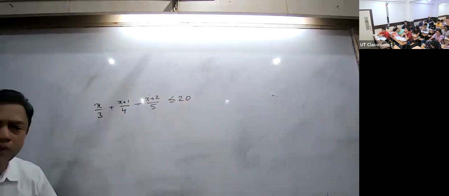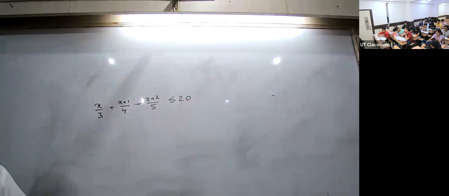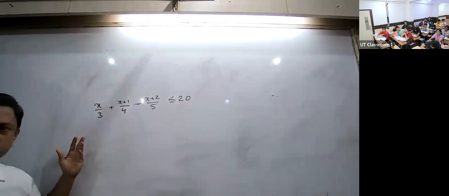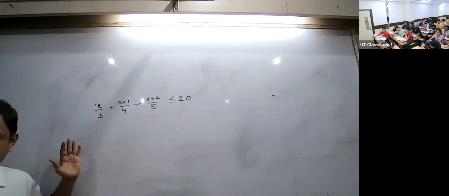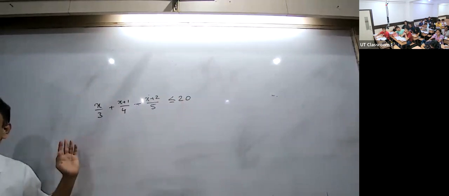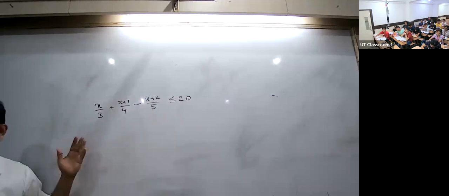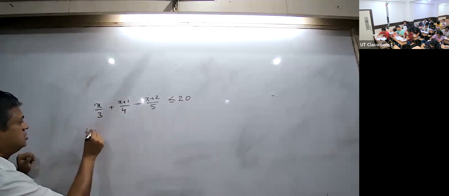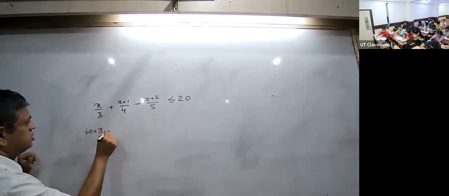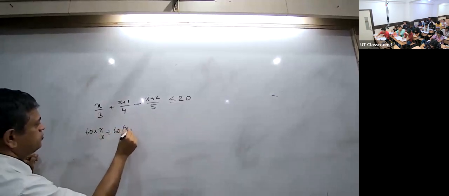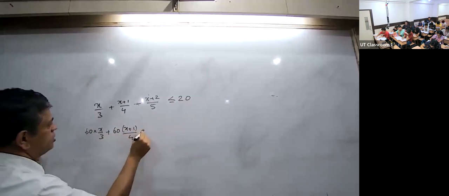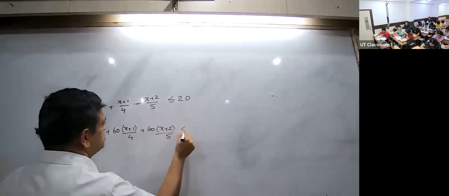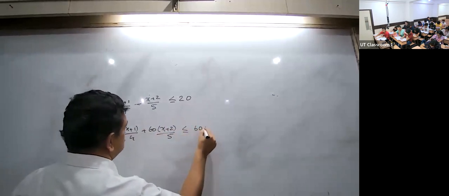Now you have to find out the value of x. How do you find out? Solve. LCM, one method. What is the LCM of 3, 4, 5? 60. Simpler method is just multiply throughout by 60. Okay, so multiplying by 60: 60 times x by 3 plus 60 times x plus 1 upon 4 plus 60 times x plus 2 divided by 5 less than or equal to 60 times 20.